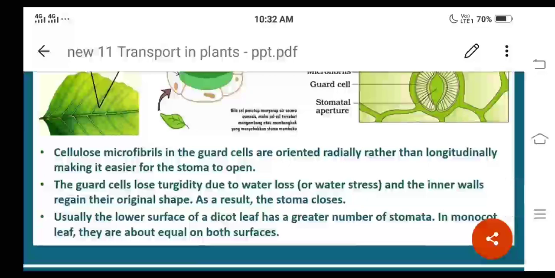Normally in the dicot leaf, in the upper epidermis, the stomata will be absent. Even if they are present, their number will be very less. But in case of monocot leaf, they are approximately equal in number on both the surfaces. Both the surfaces means the upper surface as well as the lower surface, right?